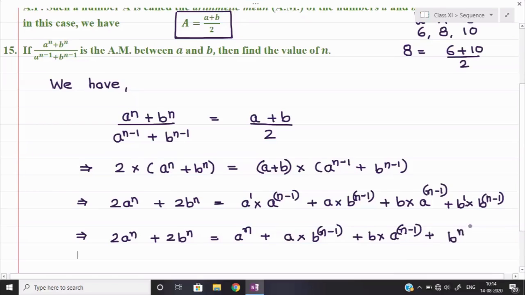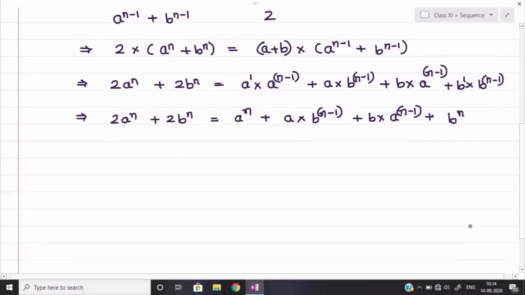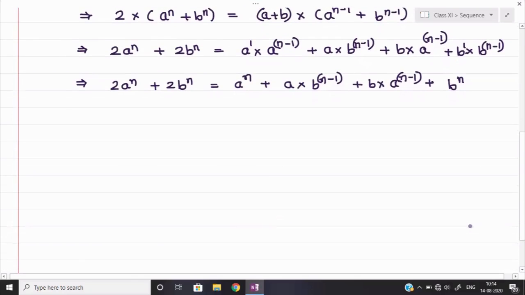Now further, a to the power n and b to the power n I am bringing onto this side, so it will be subtracted from 2a to the power n and 2b to the power n, means I can write now 2a to the power n minus 1a to the power n plus 2b to the power n minus 1b to the power n.